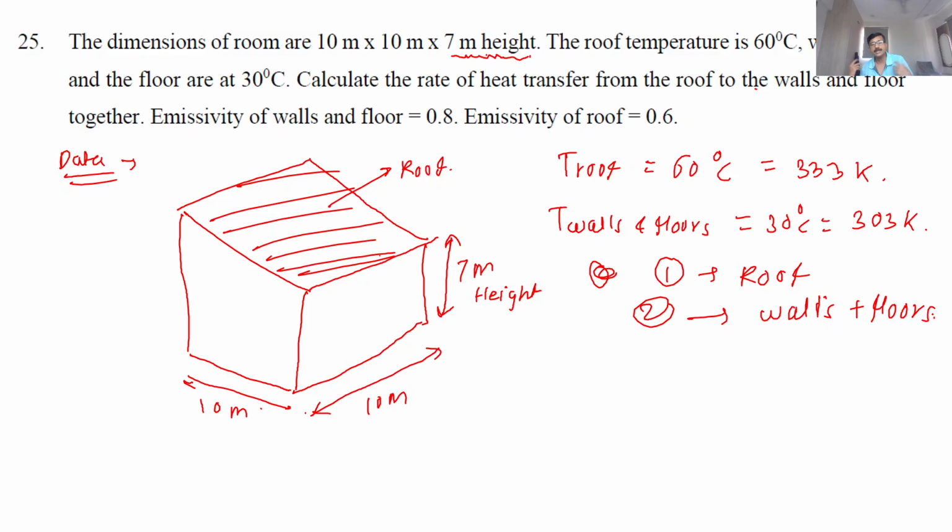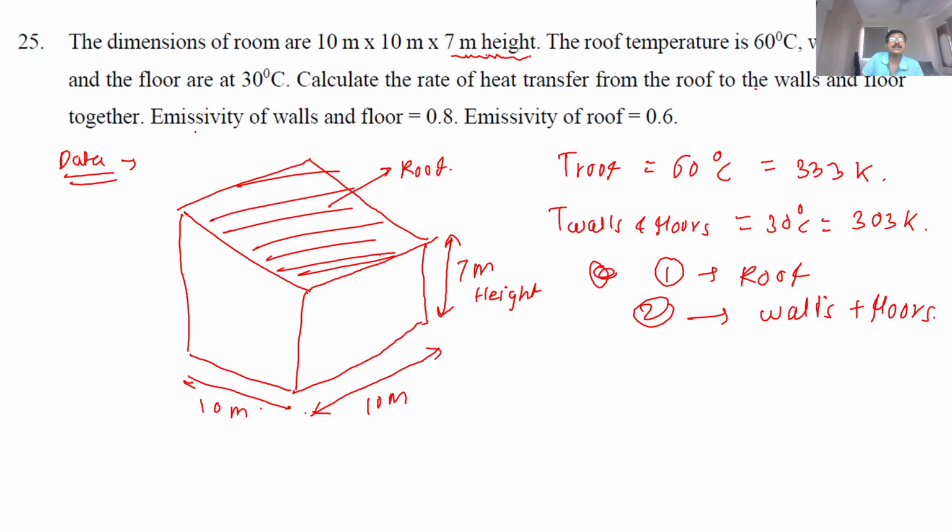So instead of treating them as separate bodies, I will treat 4 walls and floor as a single body, because they have assigned a single temperature to the walls and floor combiningly. So I will call 1 as roof and 2 as walls plus floor, because the roof is enclosed from all sides by 4 walls as well as the floor. It is covered. Okay, so this is again a case of 1 enclosed by 2. Because all walls and floors are radiating heat towards the roof, it is a case of 1 and 2. So we can use the same formula that we used earlier.